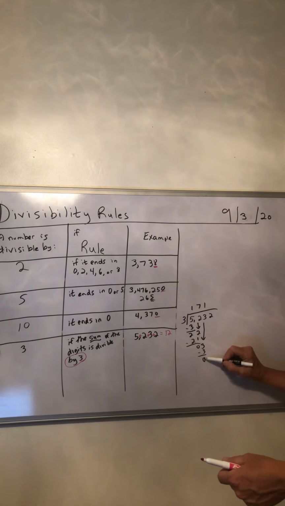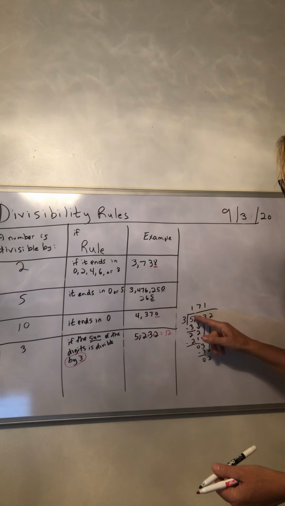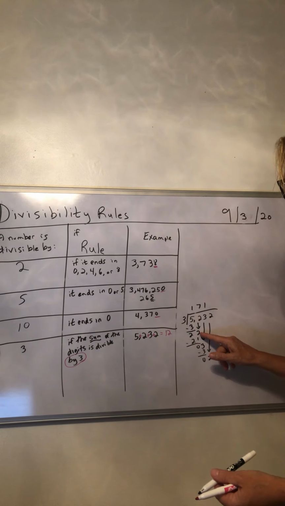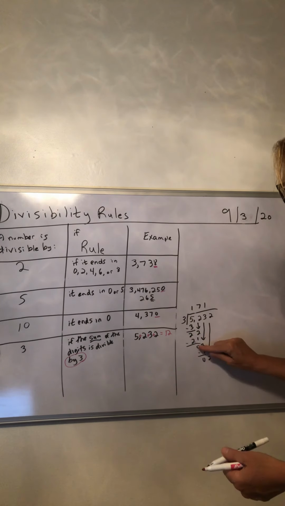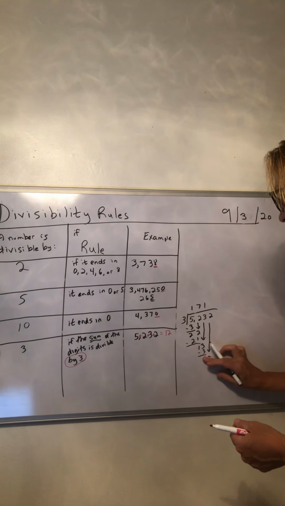Uh-oh. Darn. I think I made a mistake. And I'm going to see if I can find my mistake. So 3 goes into 5 one time. Bring down the 2. 3 goes into that. Oh, there's my mistake. I knew I made a mistake because I wasn't supposed to have a remainder.